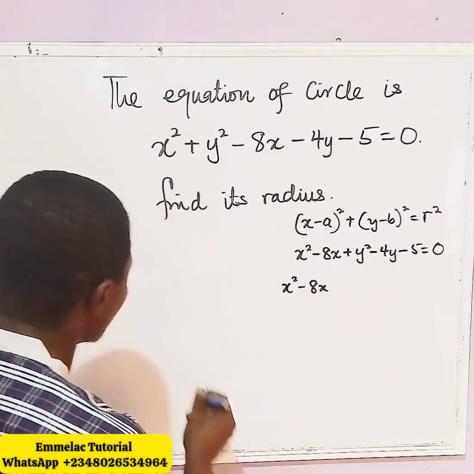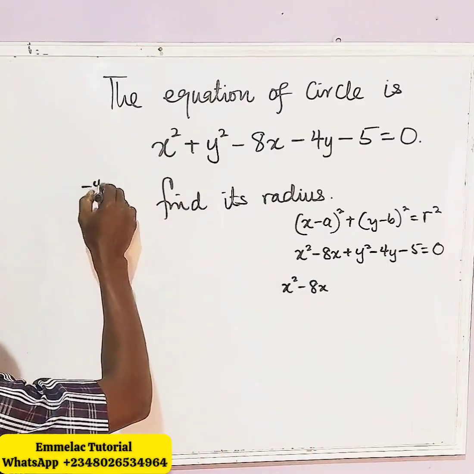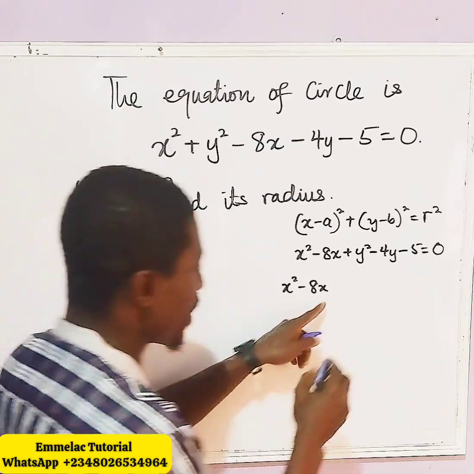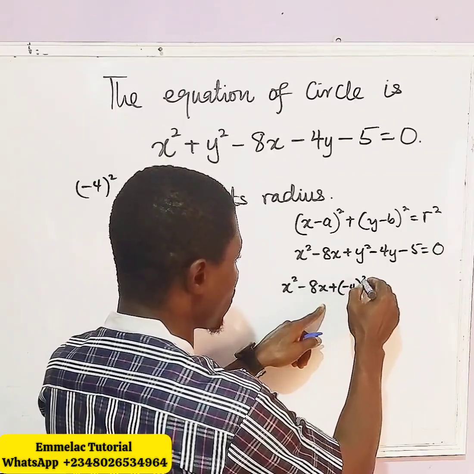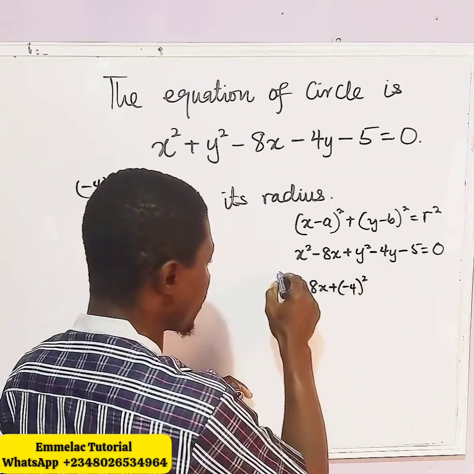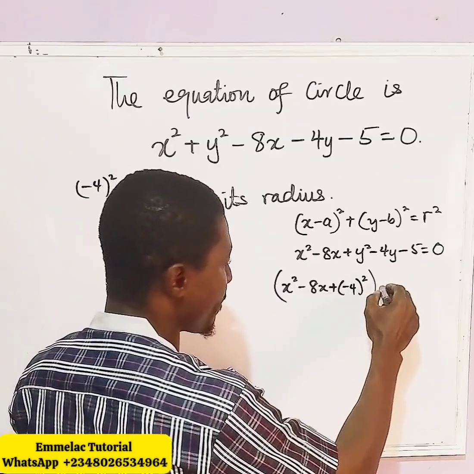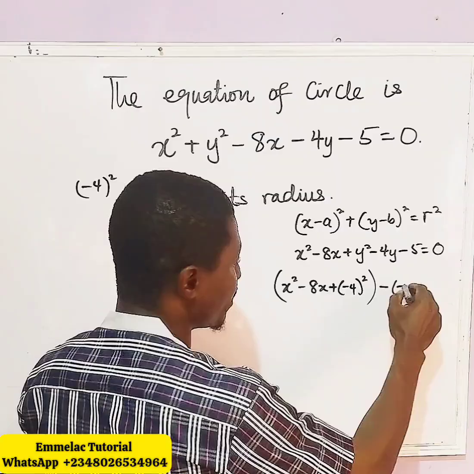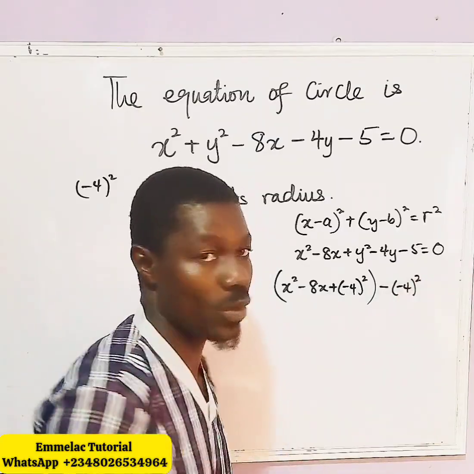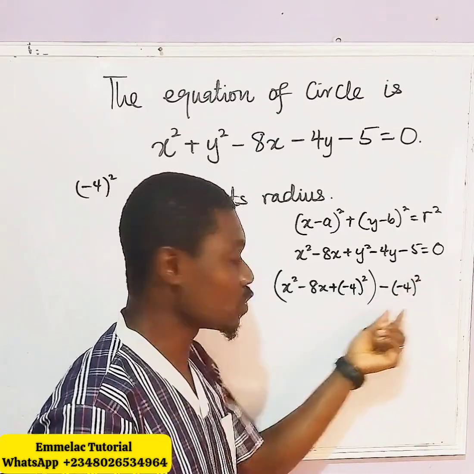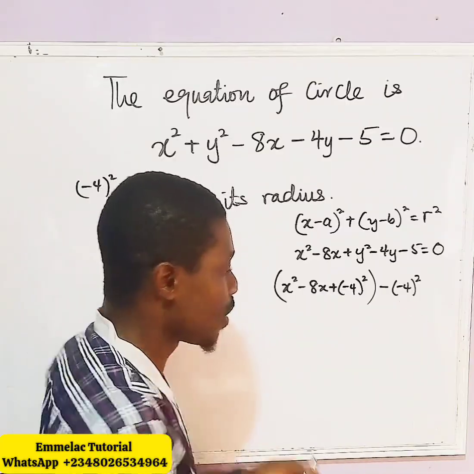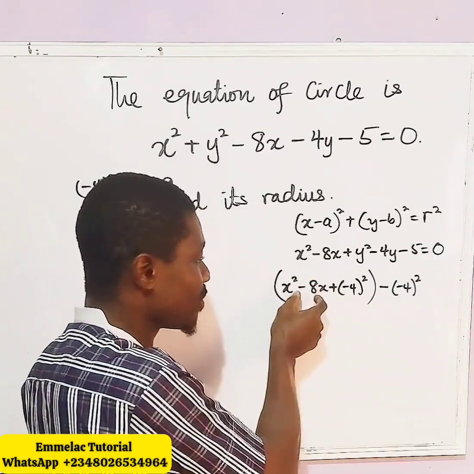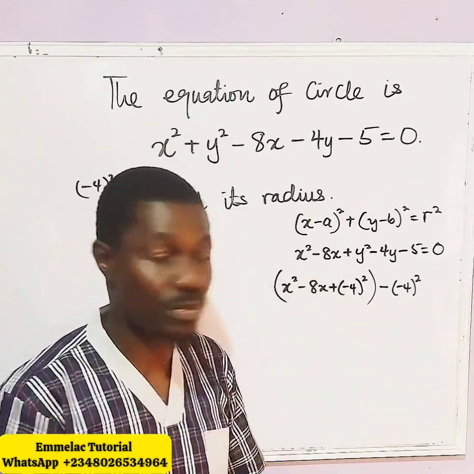So we have negative 4 all squared. We add that here, plus negative 4 all squared, then minus negative 4 all squared. We add and subtract it to help us balance it. When we take away this from this, we are still left with the original expression.